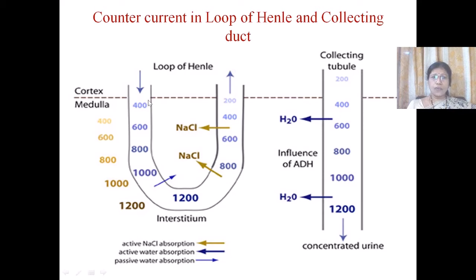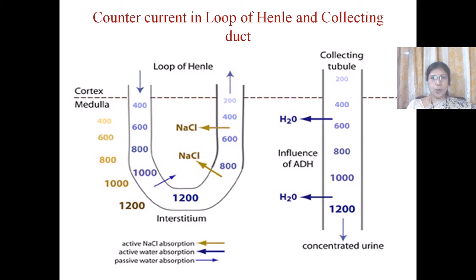So the flow of the filtrate in opposite directions in these tubules and duct helps in creating the osmotic gradient or concentration gradient in the medullary fluid, the medullary interstitium.